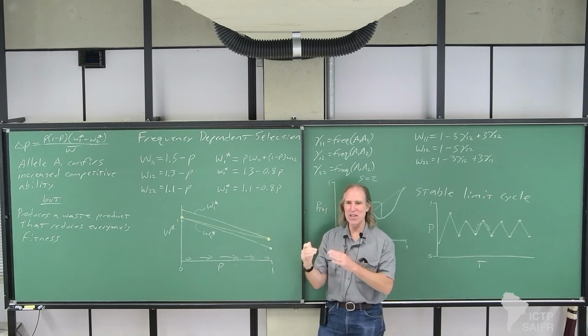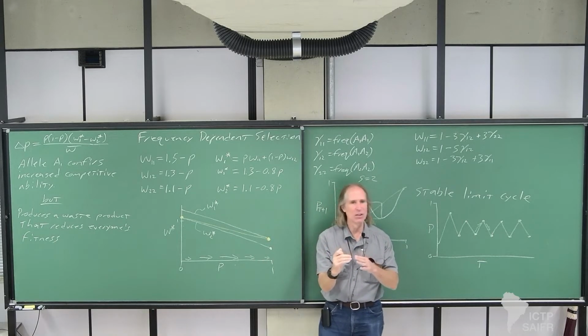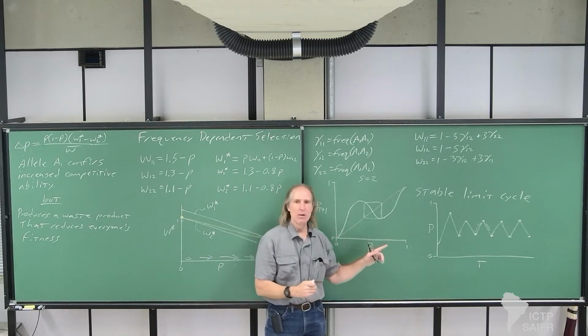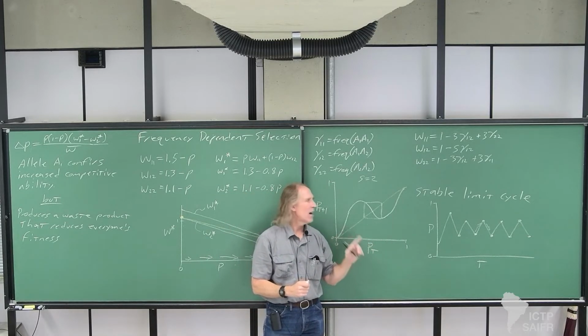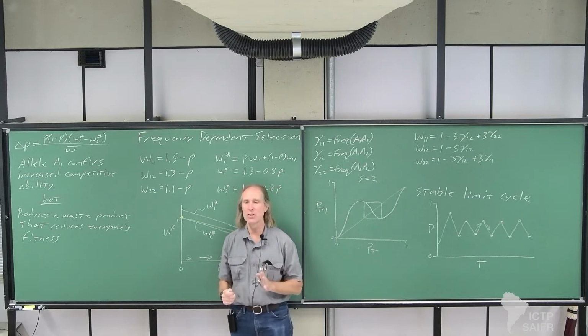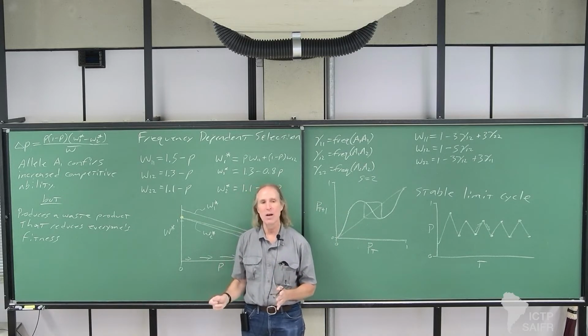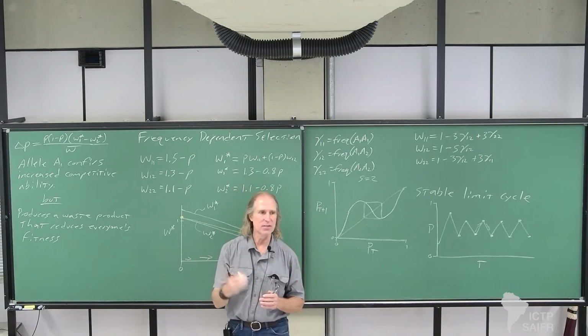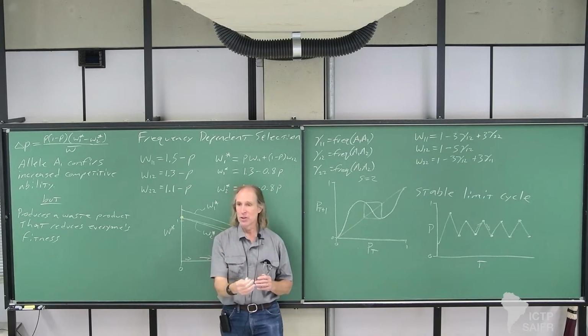There's something that's increasing that's driving evolution. Okay? A single example of a system like this that has a stable limit cycle is sufficient to prove that in general that is not true. There is nothing that is universally increased in evolution by selection.